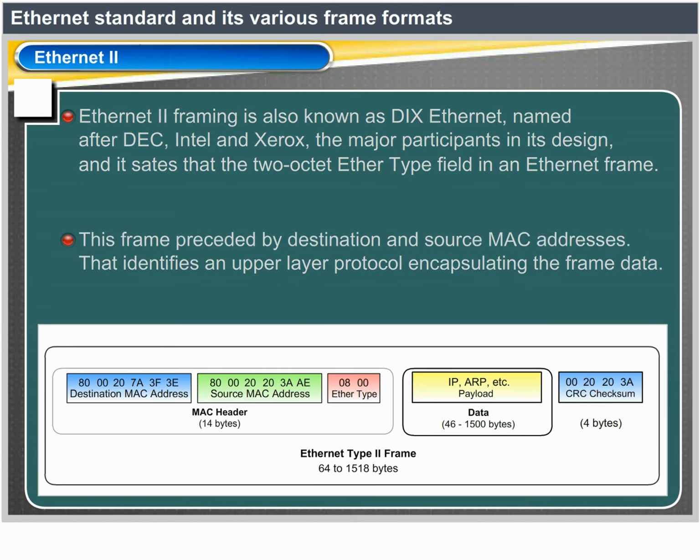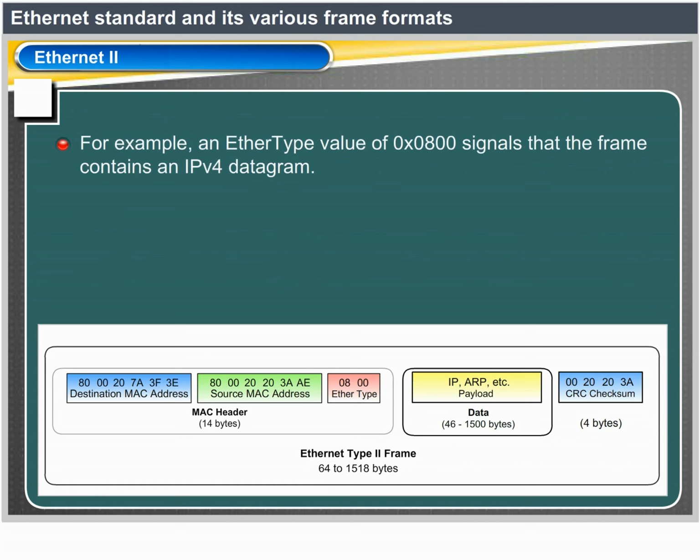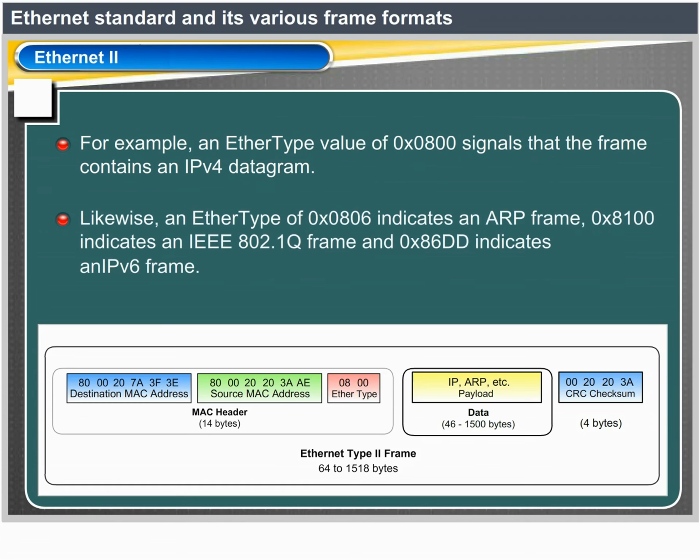For example, an EtherType value of 0x0800 signals that the frame contains an IPv4 datagram. Likewise, an EtherType of 0x0806 indicates an ARP frame, 0x8100 indicates an IEEE 802.1Q frame, and 0x86DD indicates an IPv6 frame.